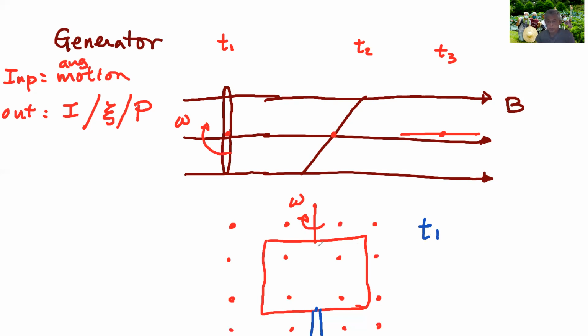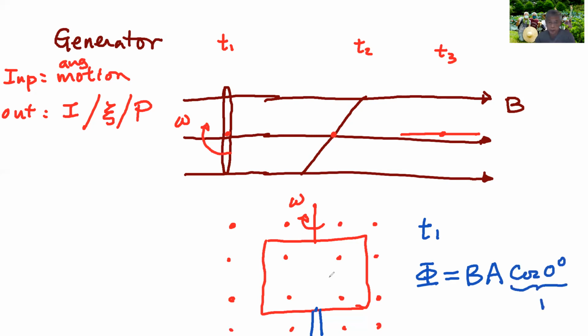So then when you turn, your flux is equal to B times A times cosine theta. Right now this is cosine 0 degrees, so that's equal to 1.